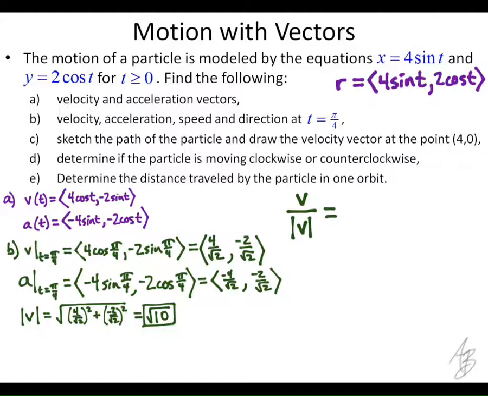So we're going to take the velocity vector, which is 4 over the square root of 2, comma, negative 2 over the square root of 2, and divide that by the magnitude of the velocity vector, which is our speed. And how do you think we're going to do that?